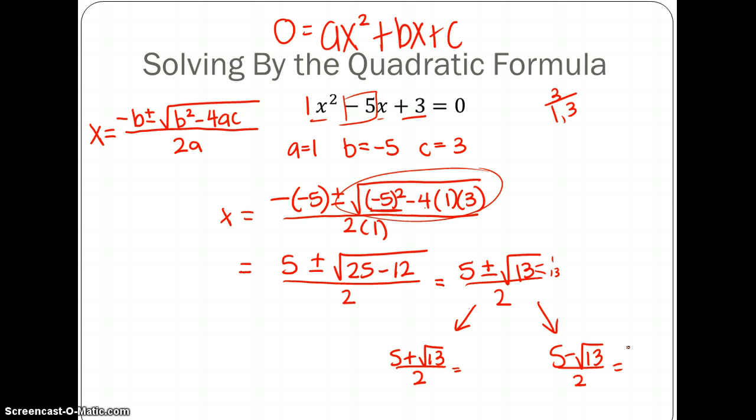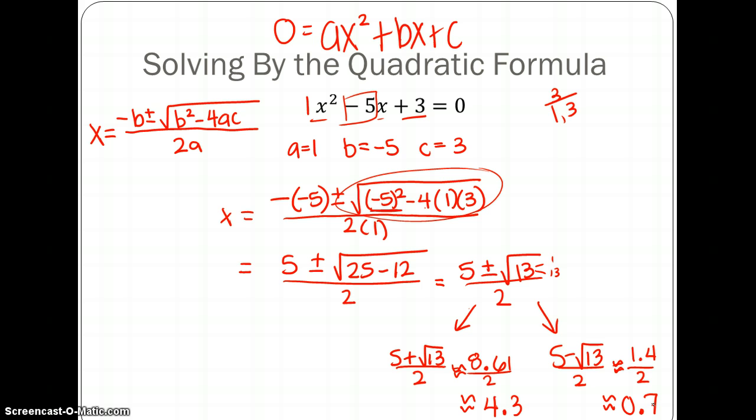If we're looking at decimal approximations, we'd say 5 plus the square root of 13 is about 8.61, divided by 2, so it's around 4.3. 5 minus the square root of 13 would be about 1.4 over 2, so the other answer would be about 0.7.